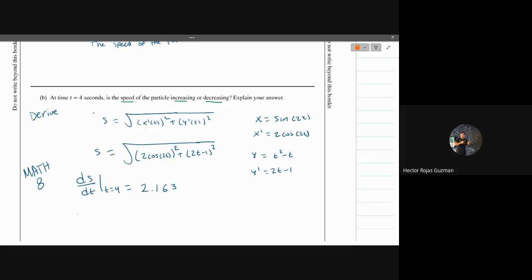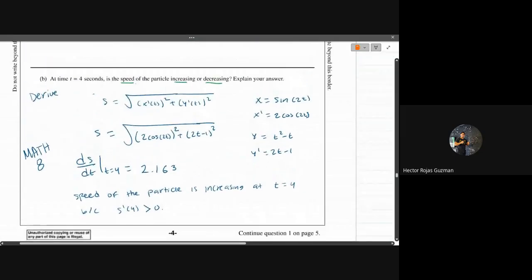Well, the speed of the particle is increasing at t equal to 4 because s prime of 4 is greater than 0, or it's positive.